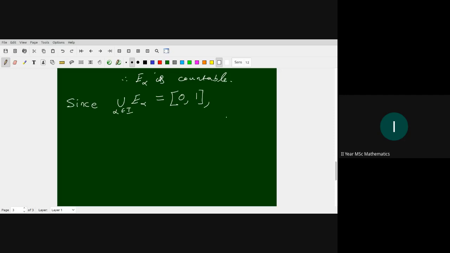The set E alpha is countable, but the collection of E alphas is uncountable. So the collection of E alphas cannot be countable. That means the index set I cannot be a countable set. So this collection of E alpha, alpha in I, is uncountable.